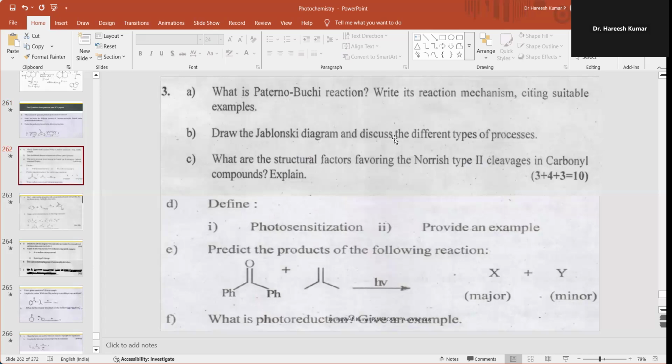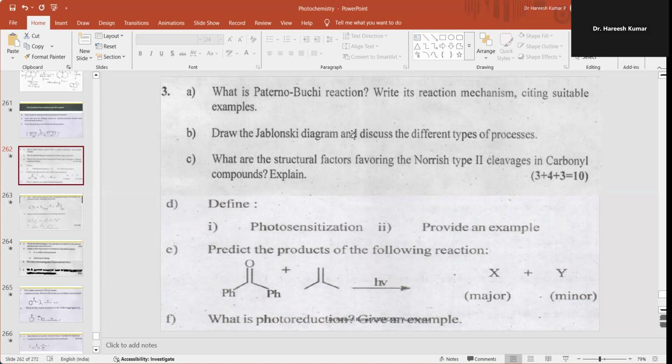Jablonski diagram means the fate of excited state molecules. They can come back to the reactant. If it comes back to the reactant, we can say that it's only a physical process. Otherwise, it can undergo intersystem crossing, internal crossing, and then fluorescence, phosphorescence.